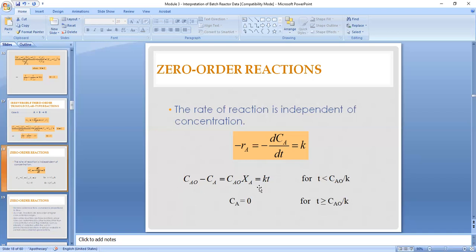Now, however, you have to be very, very careful in the case of zero order reactions, class, because you need to first test the given information by the problem. Given the time in which you are to determine the concentration of your species, you may wonder why your answer is negative.